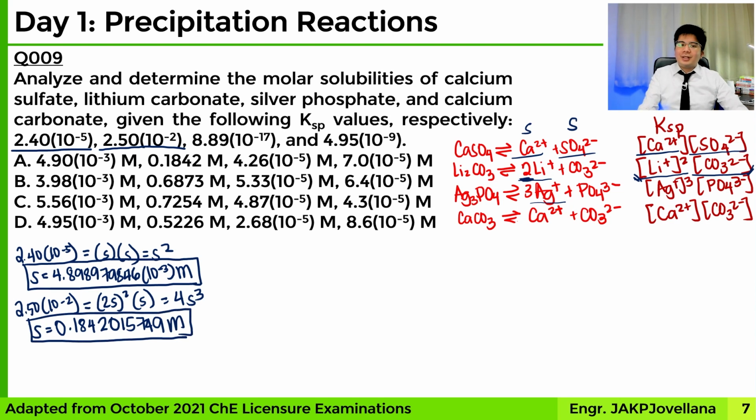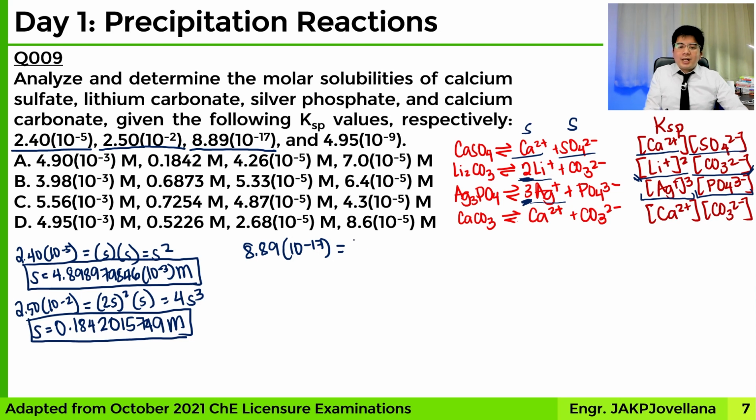For the third precipitate, we can solve for the molar solubility of silver phosphate. So the KSP of silver phosphate is given by 8.89 times 10 to the minus 17. This is equal to the product of the cube of the concentration of silver plus and the concentration of phosphate ion. But since we have 3 here, we need to take 3S as the concentration of Ag+.